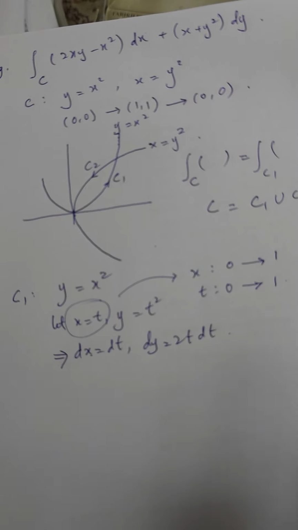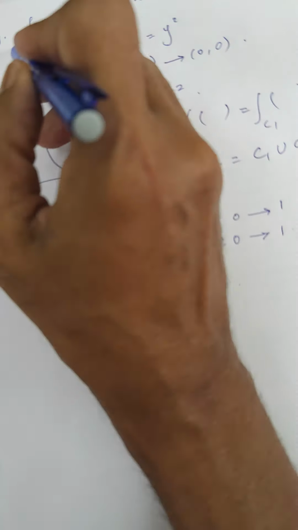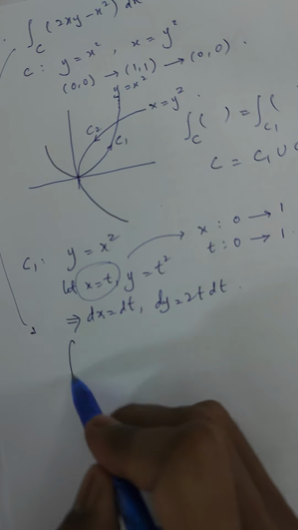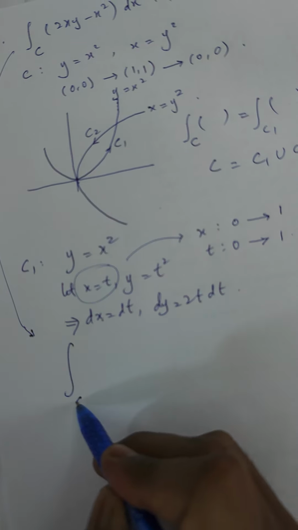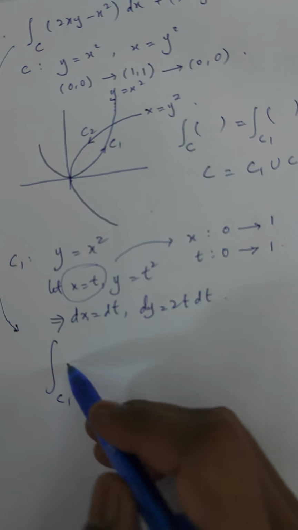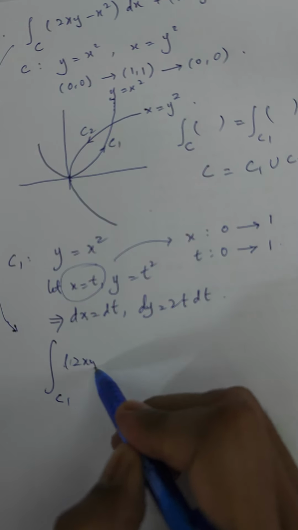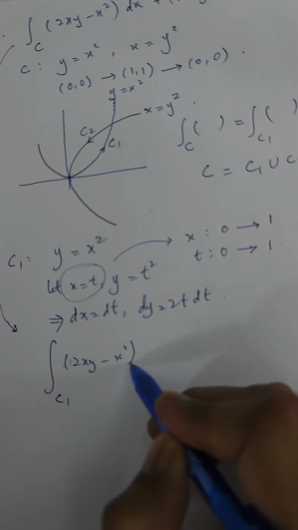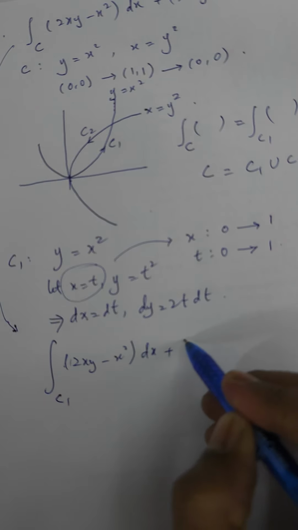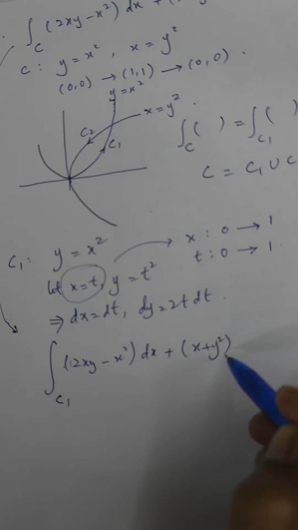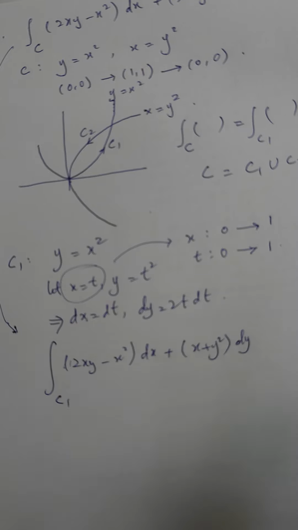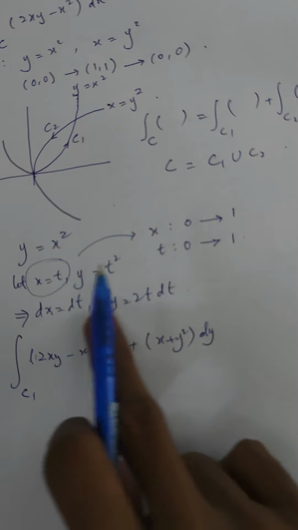Then you can start the integral along C1. Along C1, you write 2xy minus x squared dx plus x plus y squared dy, taking into account all the substitutions we need.